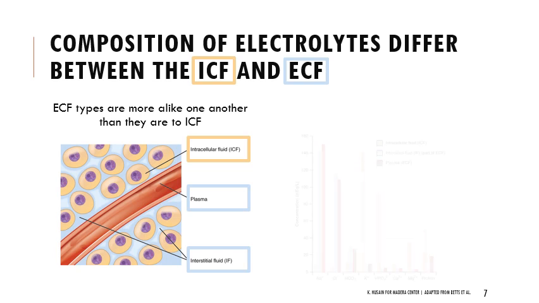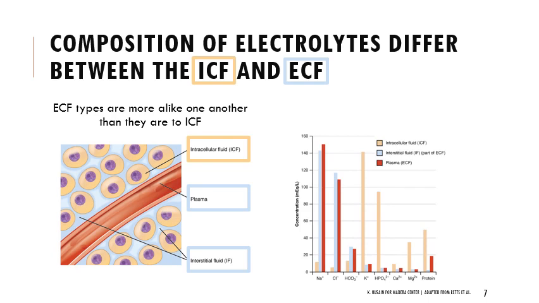And if we look at a plot describing the concentrations of different electrolytes in these different locations, we see that trend. So in yellow, we have the intracellular fluid. In blue and red, we have the extracellular fluid. And we see that for sodium, chloride, bicarbonate, potassium, phosphate, calcium, and magnesium, there are similar patterns between ICF and ECF.